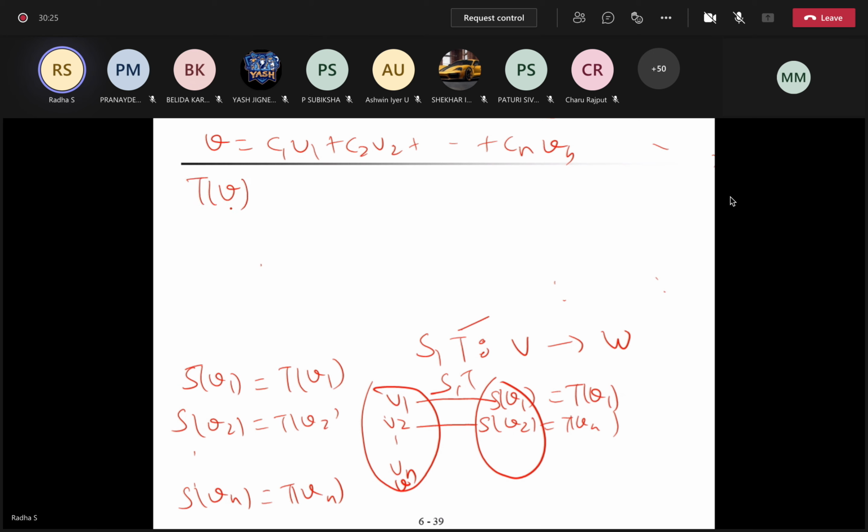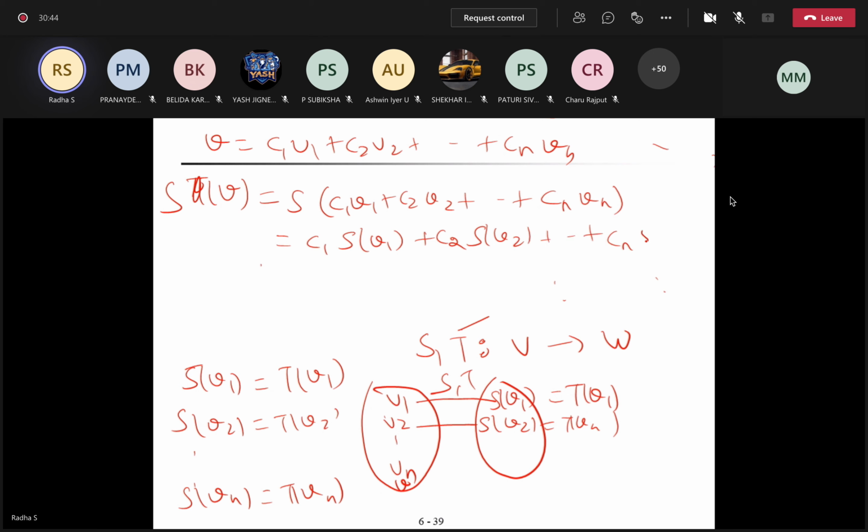Now I'll start with S of V, which is S of this, so this is C1 S of V1 plus C2 S of V2 plus etc. plus Cn S of Vn. But we know S of V1 is T of V1.